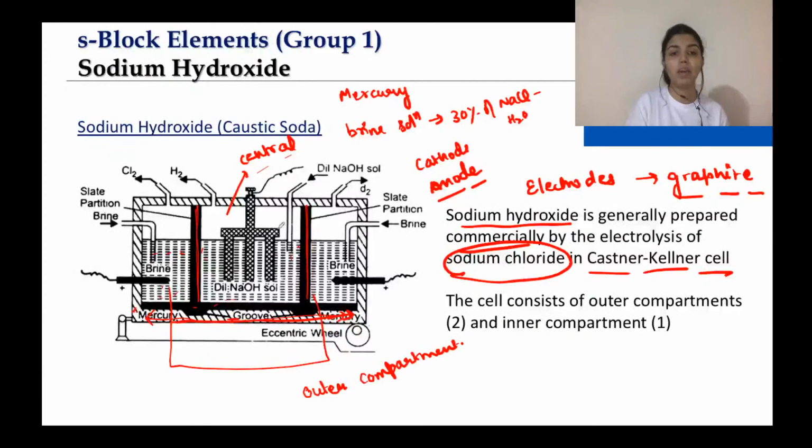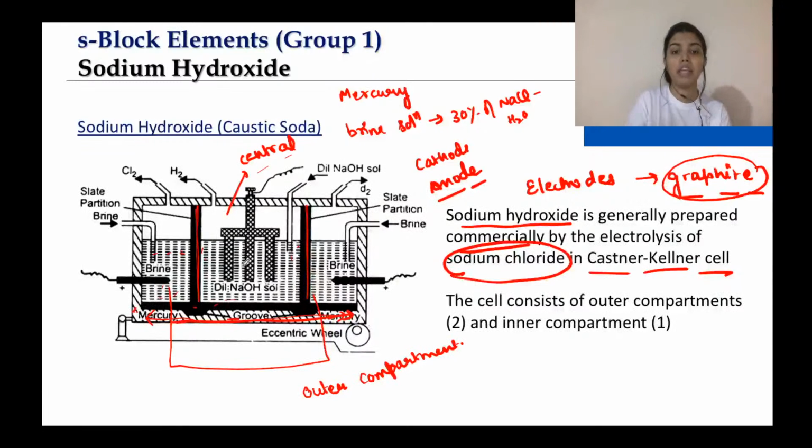Then we are having electrodes, which are made up of what? Graphite. One will be acting as cathode and the other will be acting as the anode. Then we have slate partitions to categorize the different chambers. These two are known as the outer compartments, and the middle one is known as the central compartment.